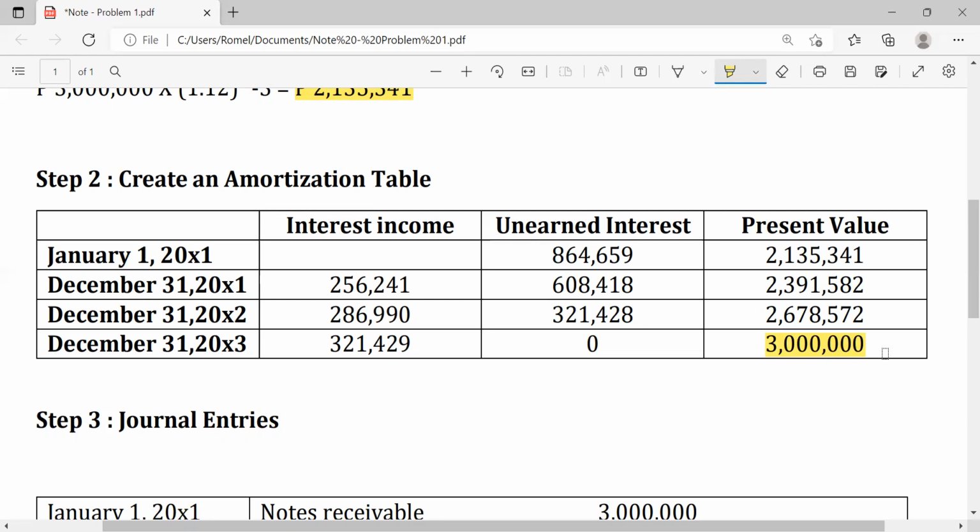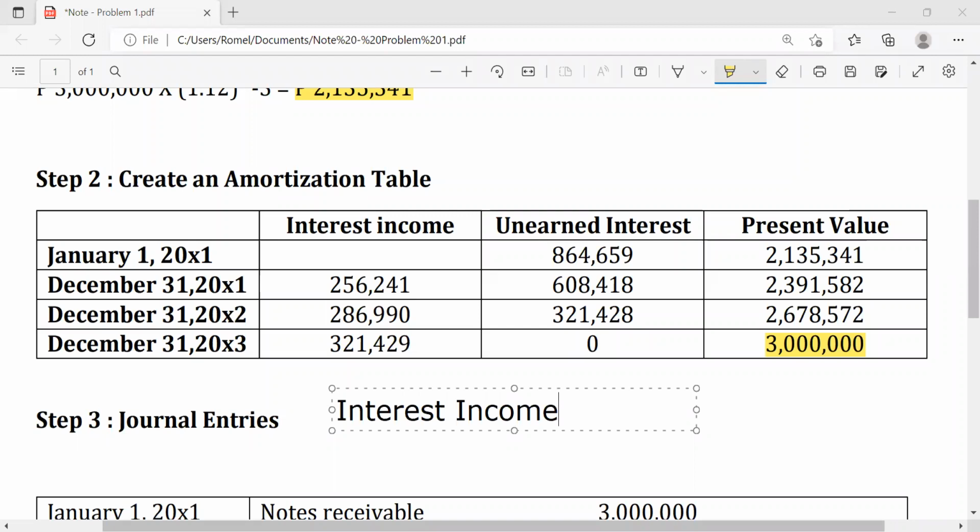So, ano yung next thing na i-discuss natin? Okay, first thing, how do we compute for the interest income? The formula is interest income equals the present value times the effective rate.